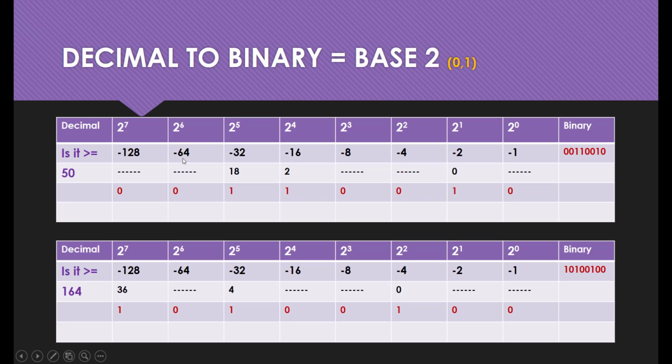But before we do that, we must consider what is before it, that's the 64, which we considered before. We must consider that this 50 is greater or equal to 32, but is less than the previous one, which is 64.